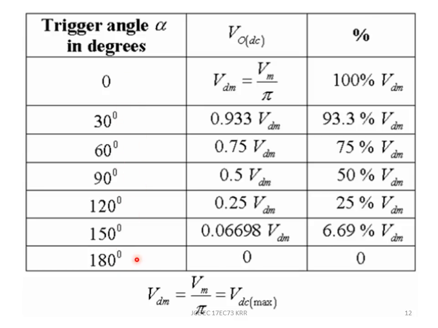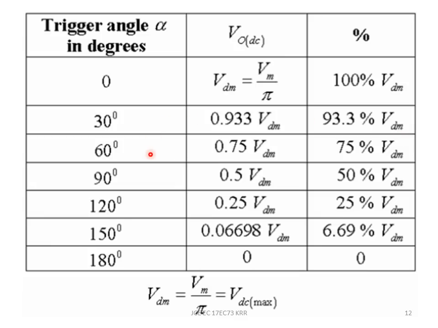So from 0 to 180 degrees we are plotting, and what we note is when alpha is equal to 0, we are going to get 100% at the output, because maximum voltage is Vm by pi. So what we get at the output is the maximum DC voltage. At alpha equal to 30 degrees, we are getting 93.3% of the maximum DC voltage that we can get.